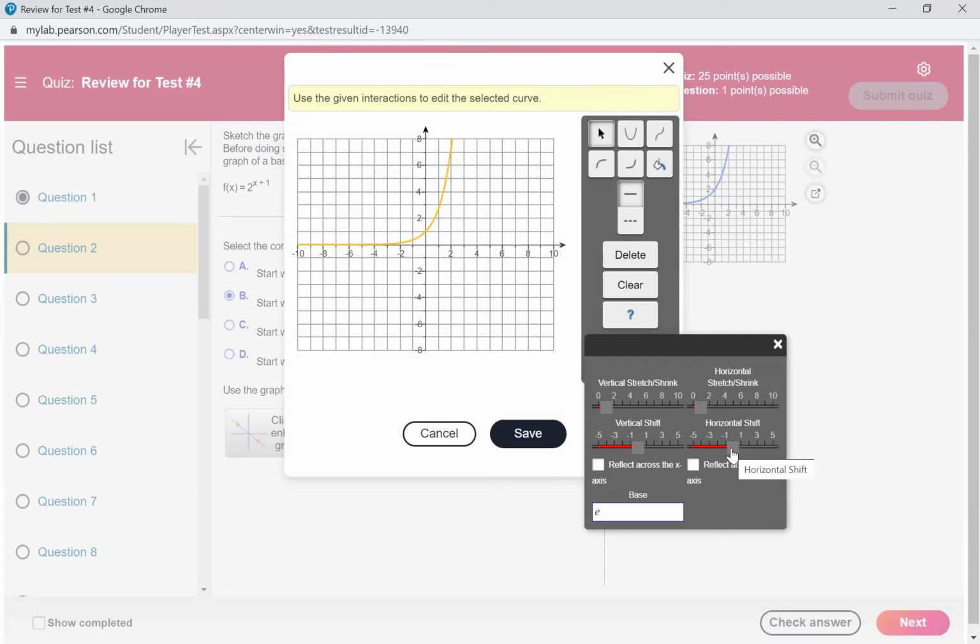Yours did x minus 5. Yes, sir. So you'll move right 5. The horizontal. Okay. Adding goes left, subtracting goes right. Okay. And then whatever your base is in that box, change it from an E to match your base. Okay. And then we're just going to save that and be done.